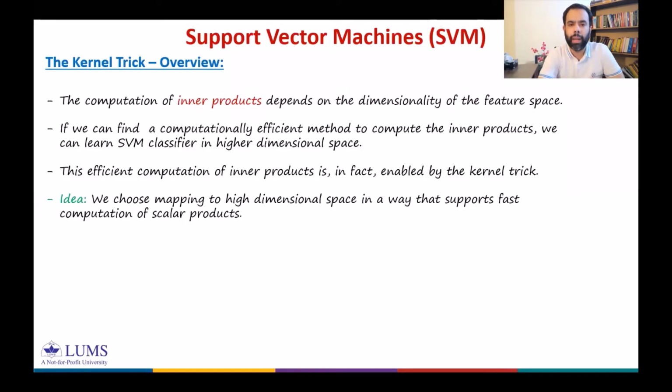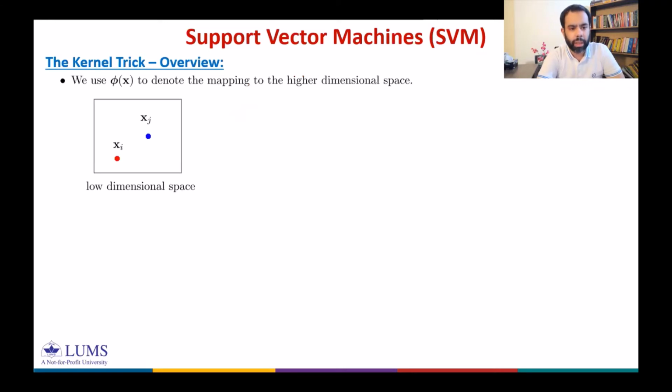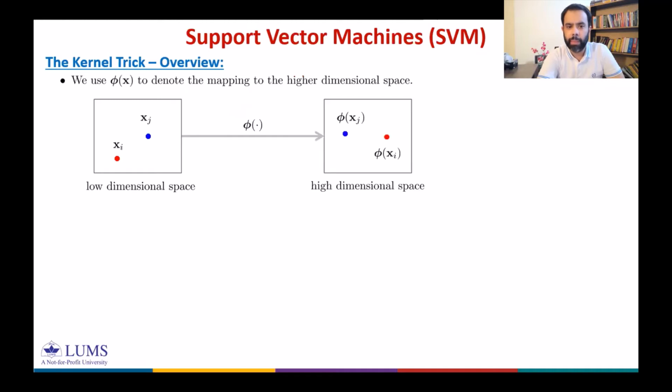Let's develop a mathematical formulation to understand this further. We use phi of x to denote the mapping to the higher dimensional space. It simply means you have points in the low dimensional space, say xi and xj, and you use a mapping function phi to map these points to higher dimensional space.